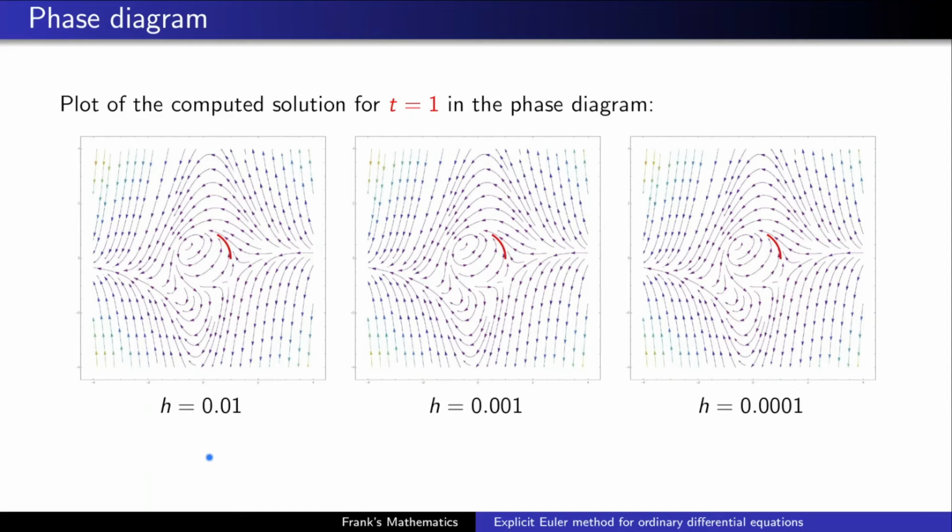This is the biggest one, this is the intermediate one, and on the right hand side you see the smallest one. For t equals 1, we see they all look the same. Nothing changes for t equals 2, so we're still staying on the unit circle. No changes for t equals 3.